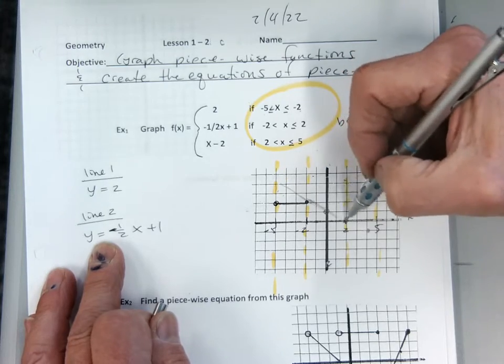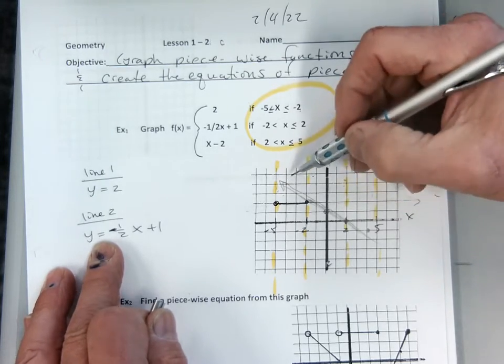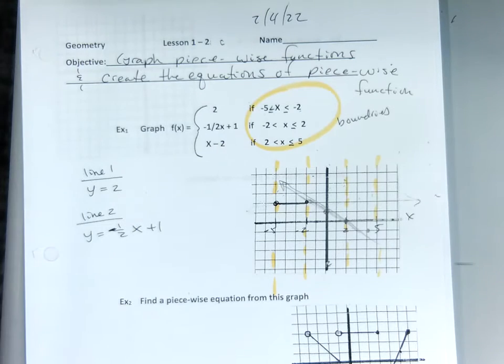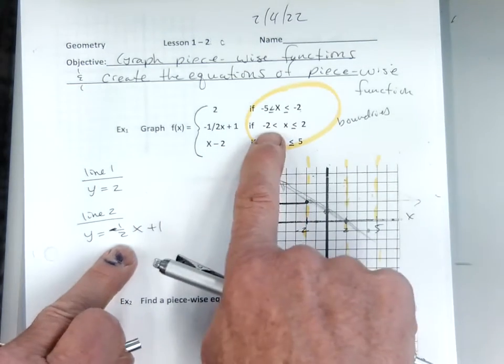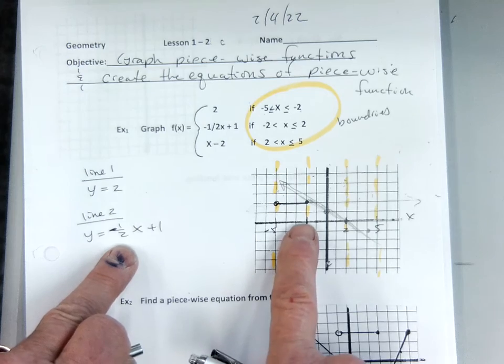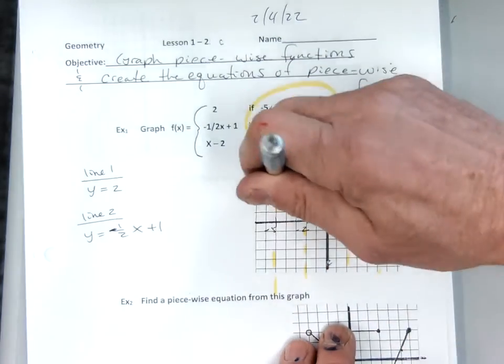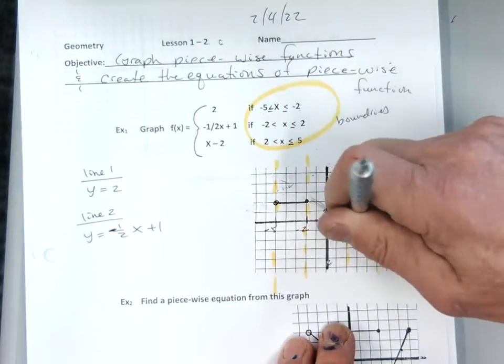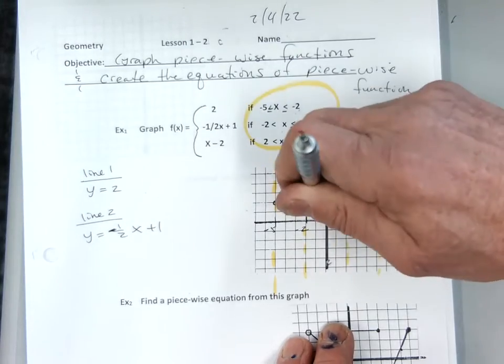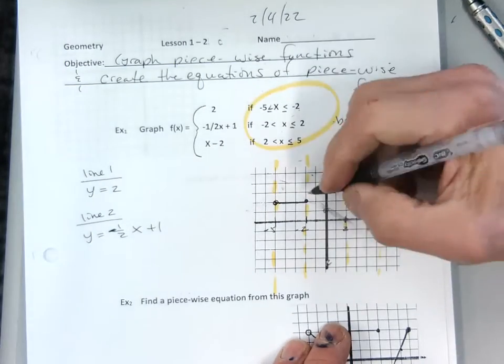So my line looks like this. My graphs are overlapping. You can't have that. They can't overlap. It wouldn't be a function, so I have to erase some. So this line 2 is in between -2 and 2. So I'm going to erase the rest of this. They are connecting. They don't have to, but I like it when they do, so I try to create ones that do, okay?